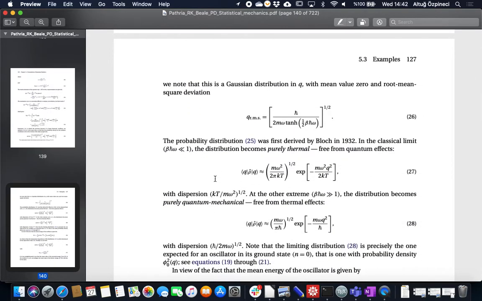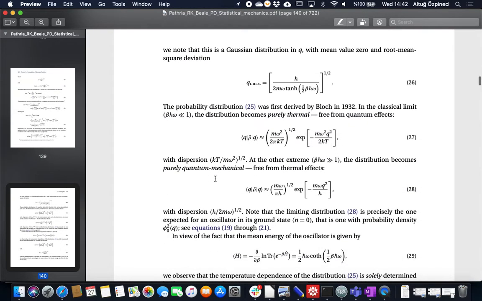After equation 28, we say, note that the limiting distribution 28 is precisely one expected of an oscillator in its ground state. So I could not calculate this oscillator in the ground state and match it with that one. Okay, so what is it doing? Can you explain to your friends?